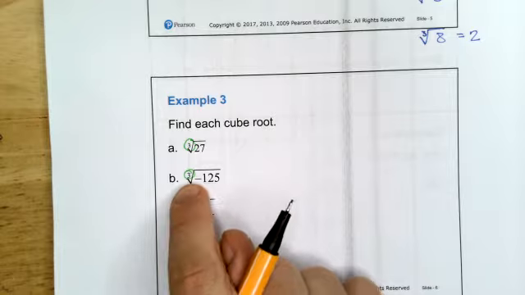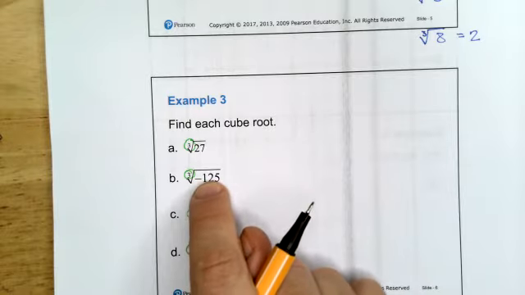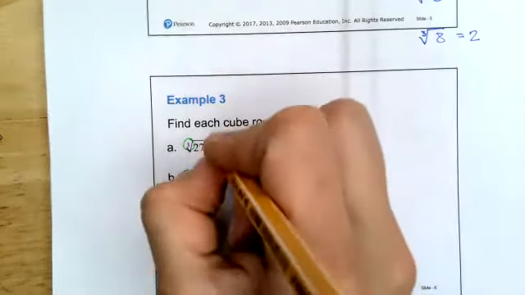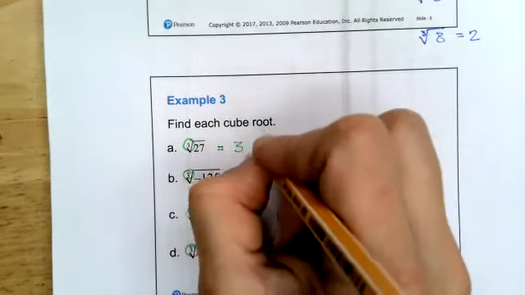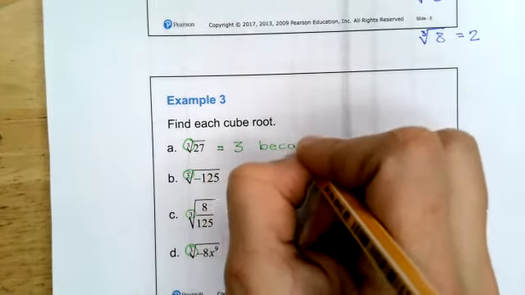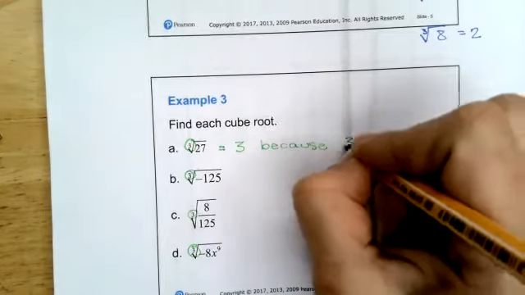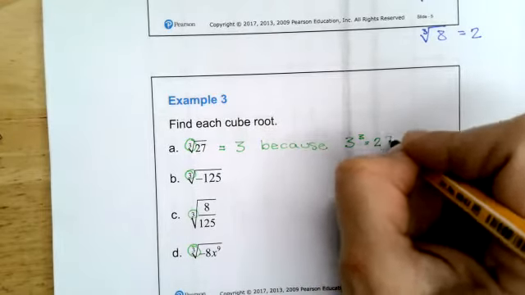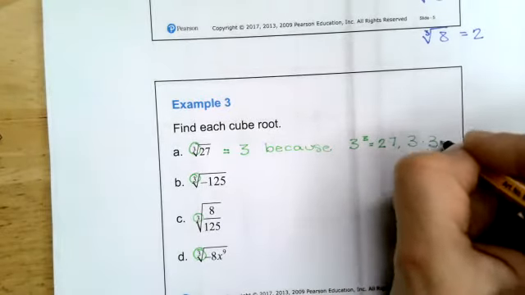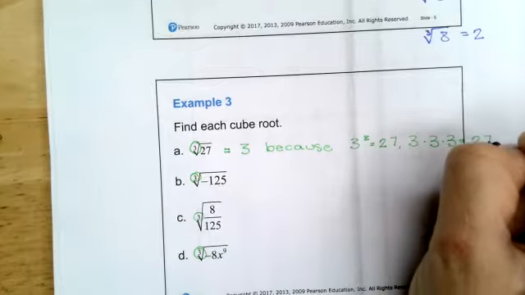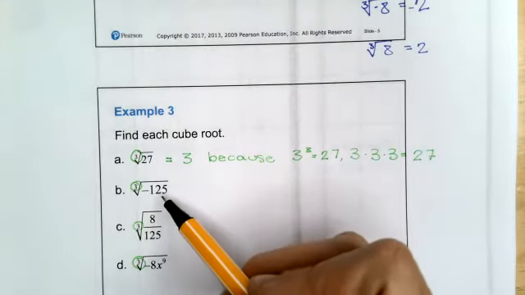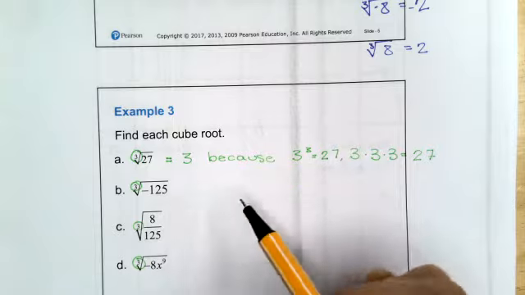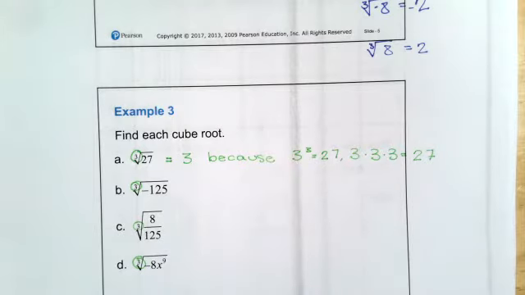But if it's a 3, you can have a real number, because just like the cubed root of 27 is 3, because 3 to the third power is 27, or 3 times 3 times 3 is 27, right? You can take a negative number, multiply by itself 3 times, and get a negative answer.